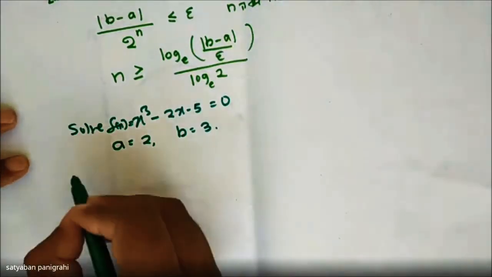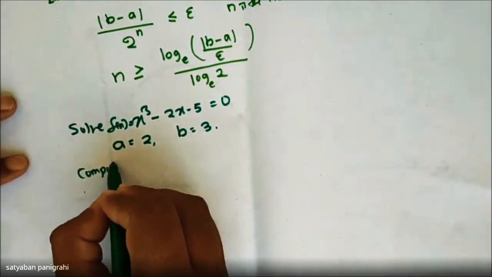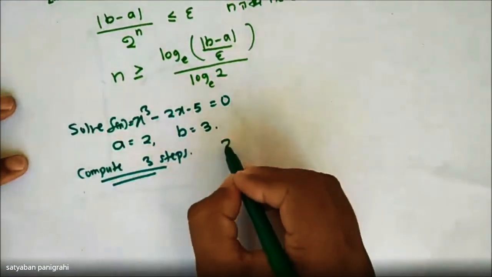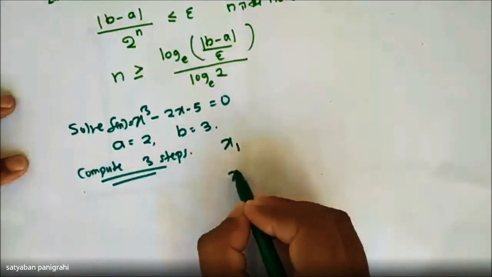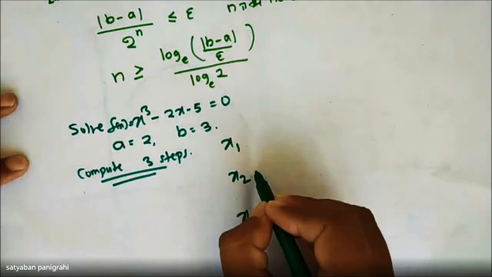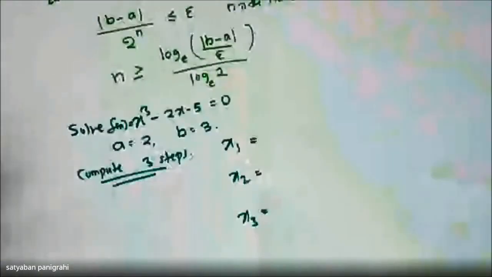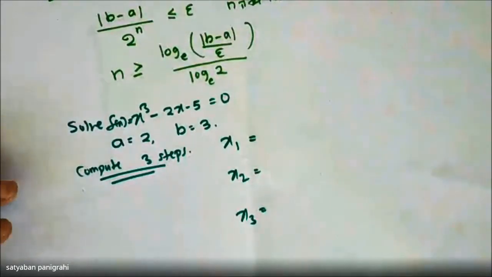My question is compute 3 steps. That means I need x1, x2 and x3. Please do it now and give me the answer.